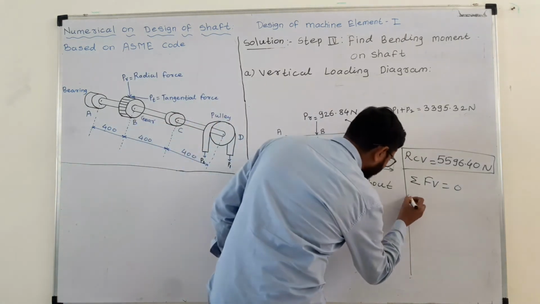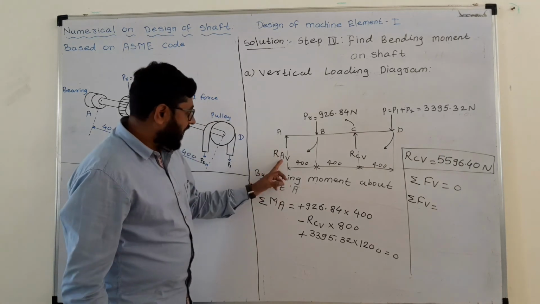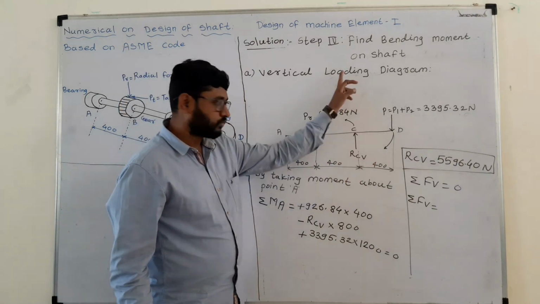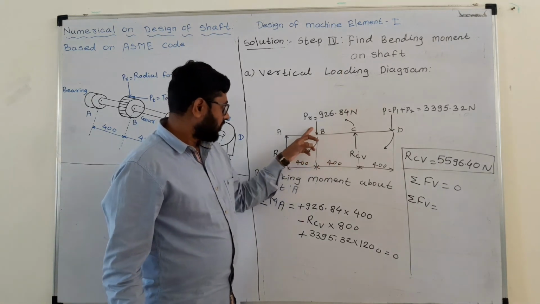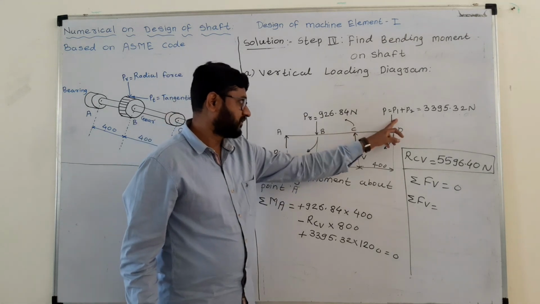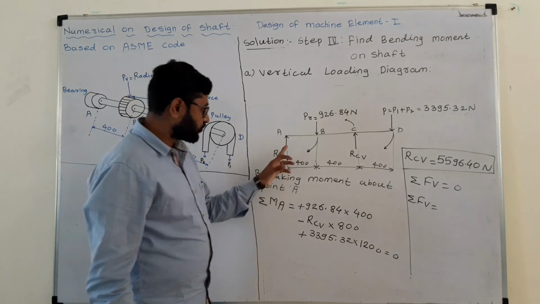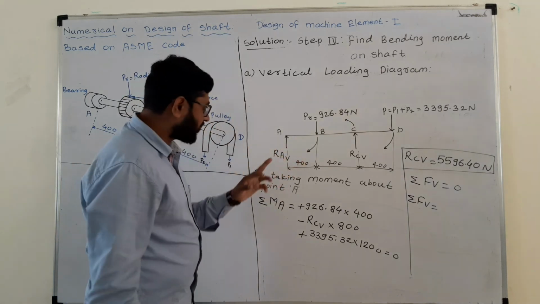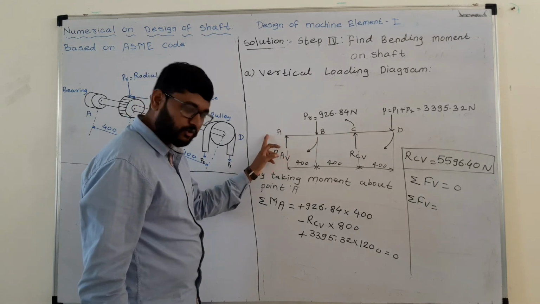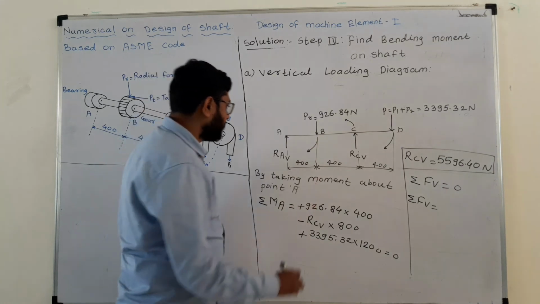So here this RAB is acting upward, RCB upward, the PR force is acting downward, and this P force is acting in the downward direction. So here we consider the magnitude for upward force as positive and the magnitude for downward force as negative.